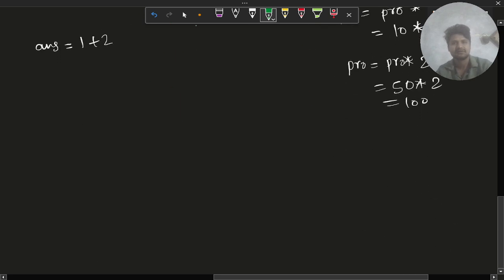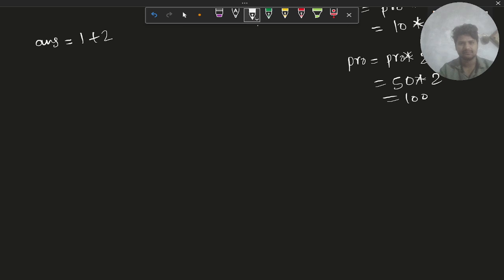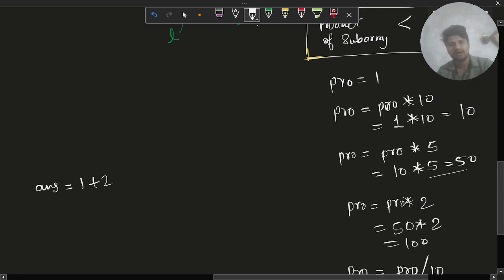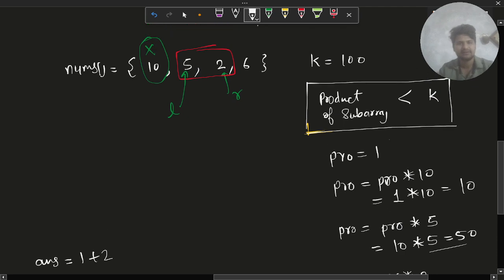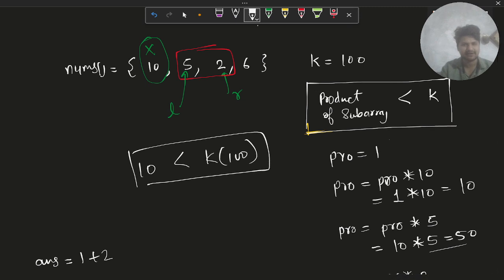So the product equals the previous product divided by the element you want to remove, in this case 10. The previous product was 100, and if you divide you'll get 10. Now you compare this 10 with k. 10 is less than k, which is 100. Yes, this is satisfying the condition.